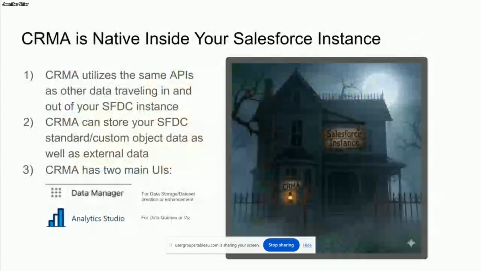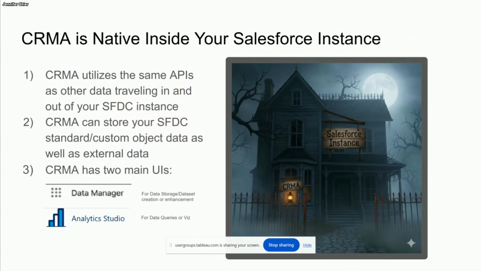All right, so for those of you who don't know, and I didn't know when I started using CRMA, when it was Wave back in the day, it lives inside of your instance. It is not outside of Salesforce, it is inside. So here we have the lovely haunted house. We all have weeks like this, right?